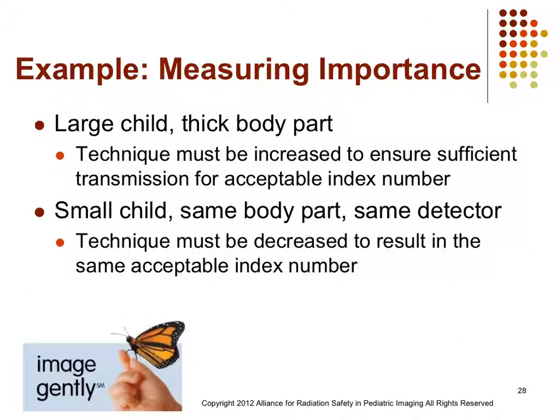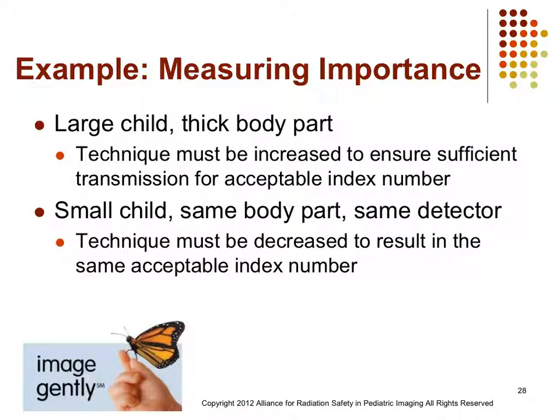Now, the exposure index itself can be influenced by a variety of things. That could be part thickness, it could be artifacts, it could be SID, collimation, grid, centering, detector size, equipment, detector design. Those types of things can all influence that.